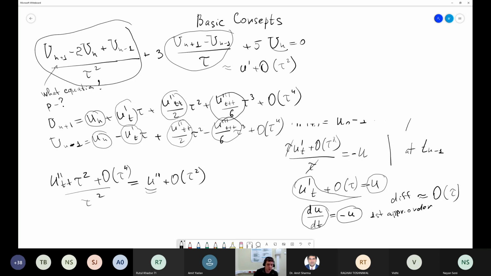So finally, what we will obtain: second derivative plus 3 third derivative plus 5u plus O of tau squared equal to 0. So the answer to the first question, the equation, is this one equal to 0, and the answer to the second question is that the order of approximation of this scheme is 2. But whether we can use this scheme to solve this problem or not, we don't know. We have to estimate the stability of the scheme initially. Okay, so let's continue.